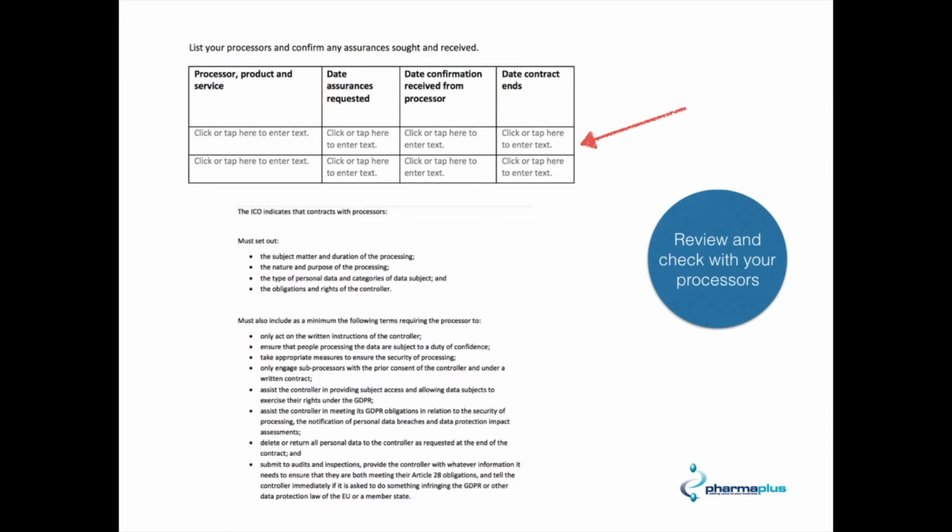So for example, your PMR supplier would be one of those people that you'd want to contact. And once you've gained reassurances that they are GDPR compliant, you can complete that. And this here, the text, are the sorts of reassurances that you'll need. And there are things that you'll need to ask them and get guarantees for.